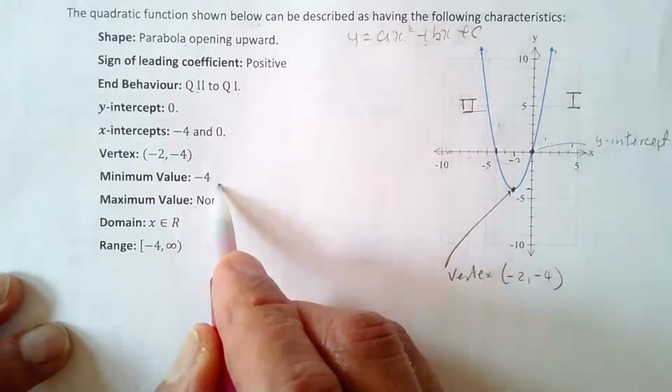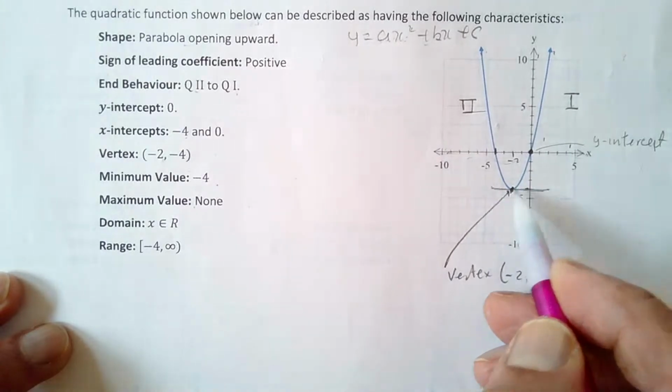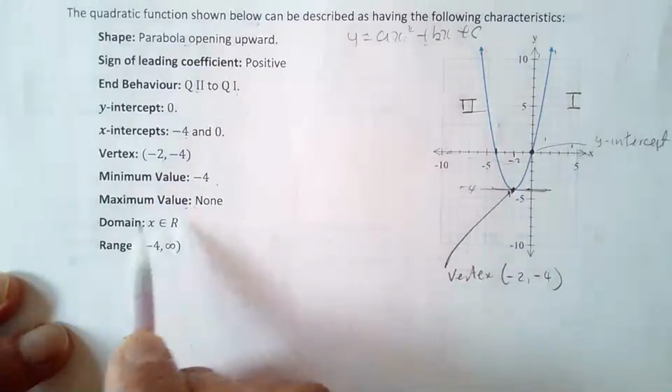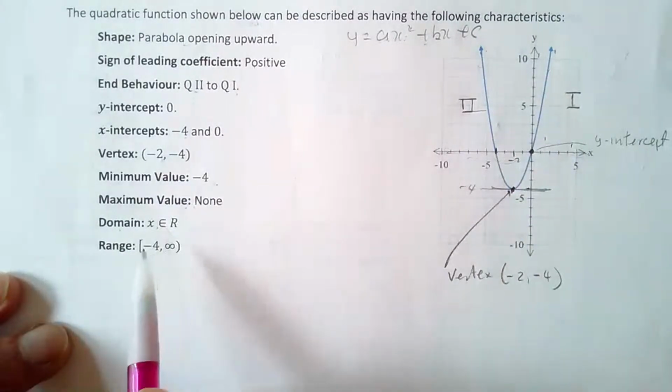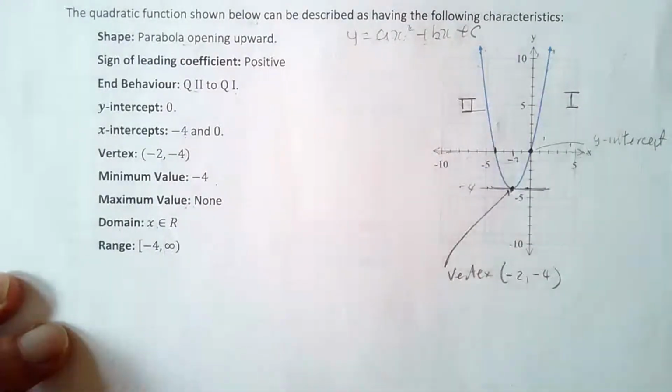The minimum value here is negative 4. That's the lowest point here. Maximum value none. The domain is from negative infinity to positive infinity, or all the real numbers. And the range now is from negative 4 to infinity.